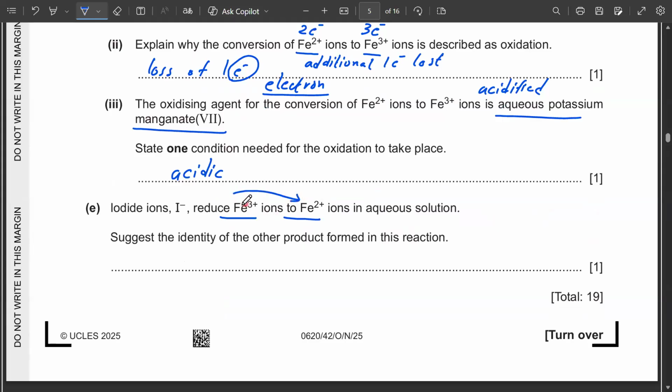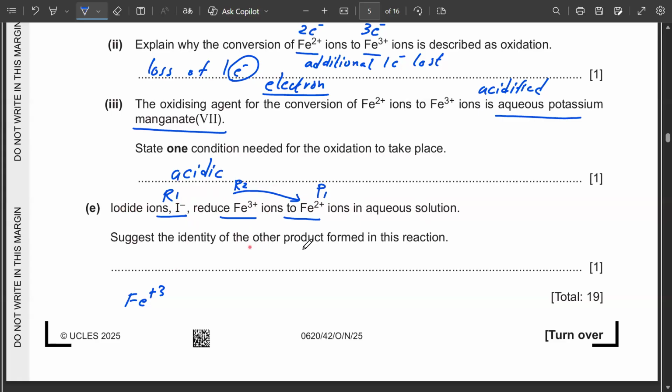You just have to pick up the words. The statement says iodide ions reduce iron 3 plus ions, which means these two are the reactants, and iron 2 plus is one product.